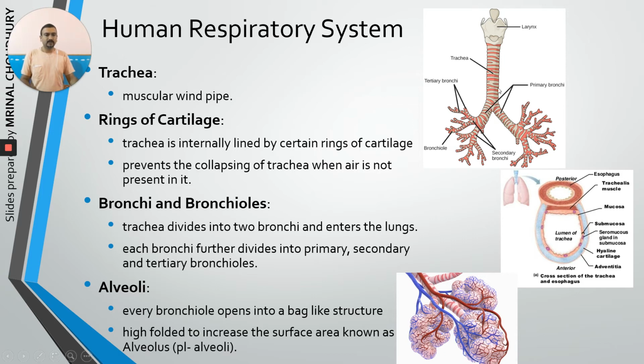Now it is important to remember that throughout this trachea and bronchi, there are internal rings of cartilage present. These rings of cartilage are responsible for keeping the windpipe stable when there is no air present inside. We say that it prevents the collapsing of the pipe.